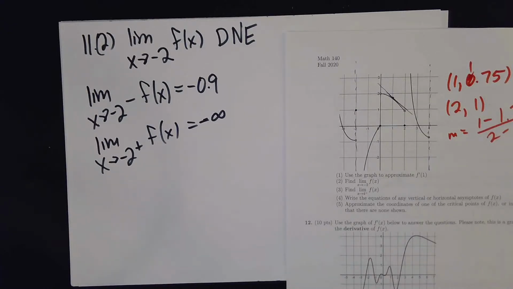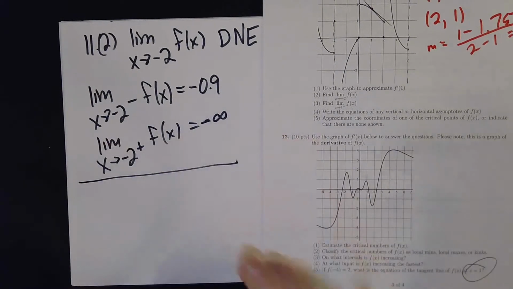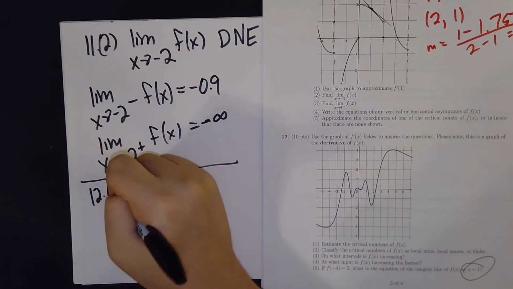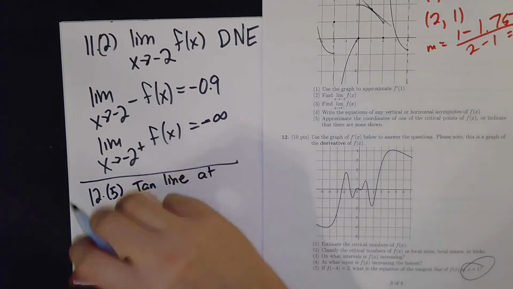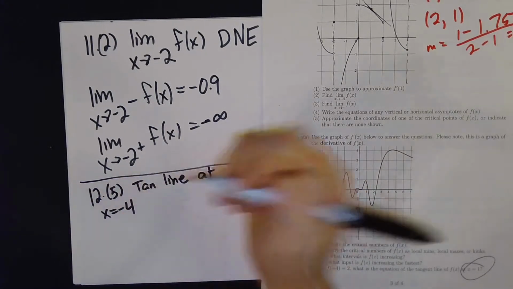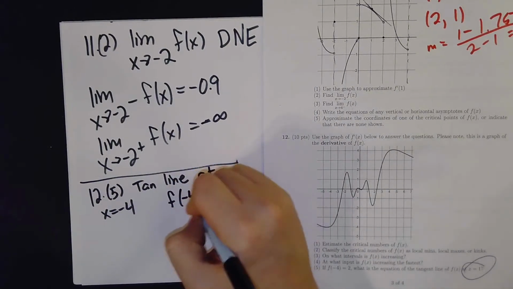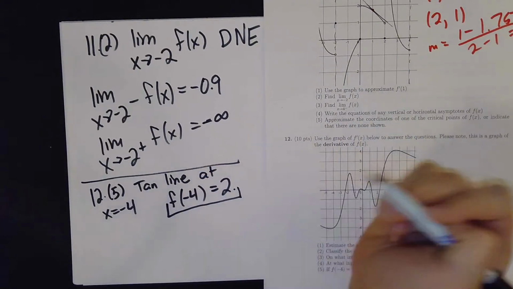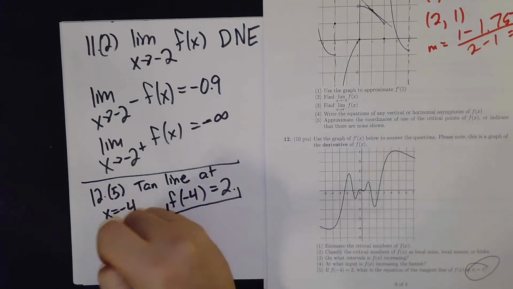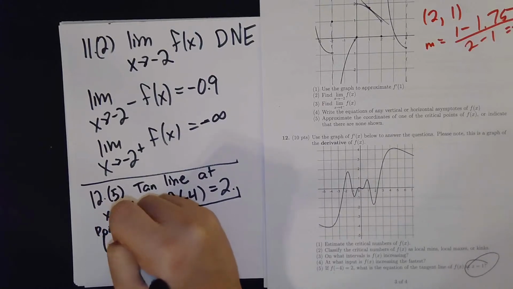12.5, sure. 12.5 gives you this graph of the derivative and asks you to find the equation of the tangent line at x equals minus 4. It tells you f of minus 4 is 2, which is just flat out telling you that the point minus 4, 2 is on this tangent line.